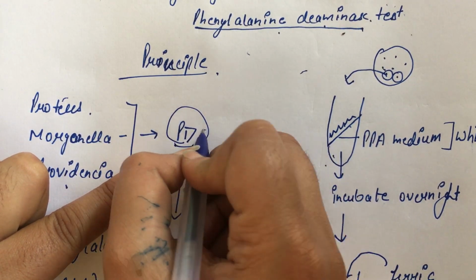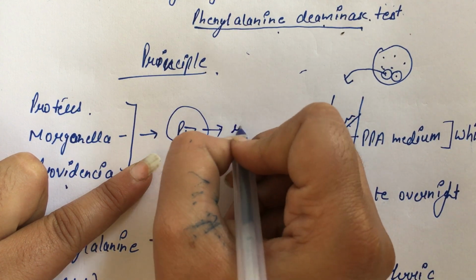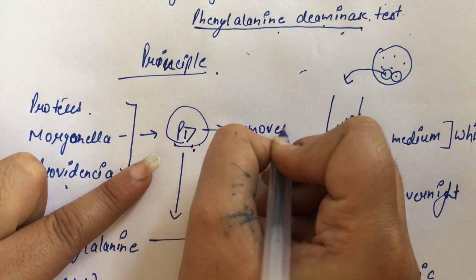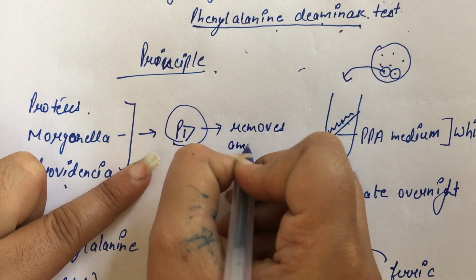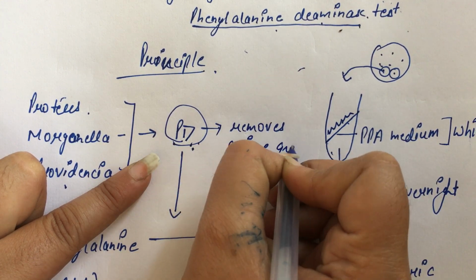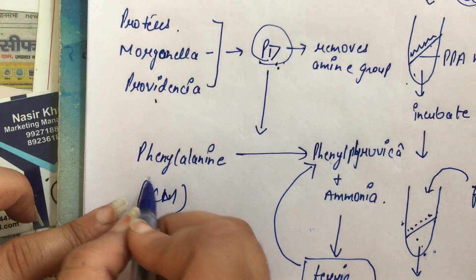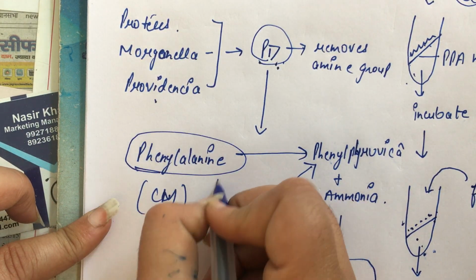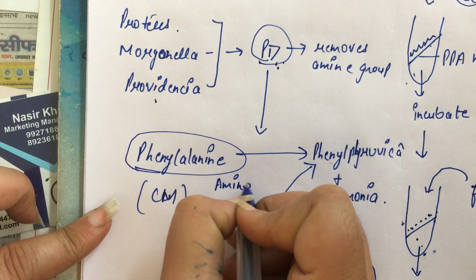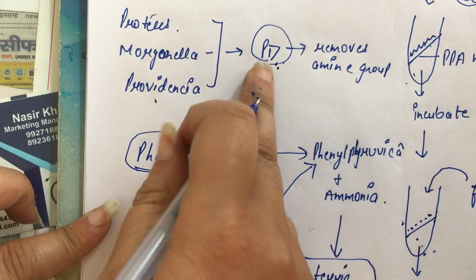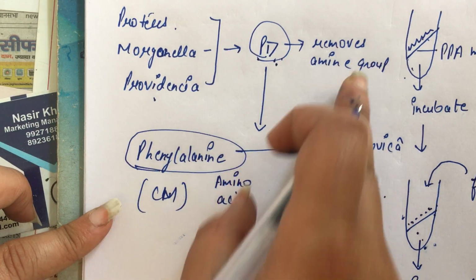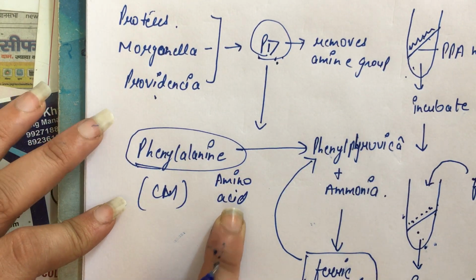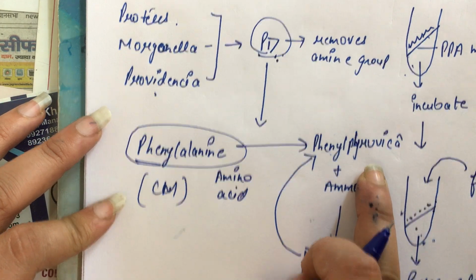The phenylalanine deaminase test removes the amine group from the amino acid phenylalanine. Phenylalanine is an amino acid from which this enzyme would remove the amine group and convert it into phenylpyruvic acid.